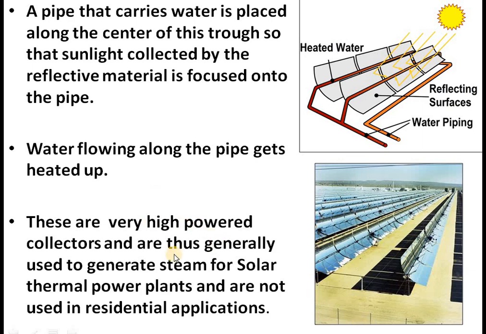These are very high powered collectors and are thus generally used to generate steam for solar thermal power plants. So they are mainly used in solar thermal power plants, where water is boiled to a very high temperature. When we boil to a very high temperature, we get what is called superheated steam. Usually the temperature of steam is 100 degrees Celsius, but here the temperature goes to 200, 300, 400.